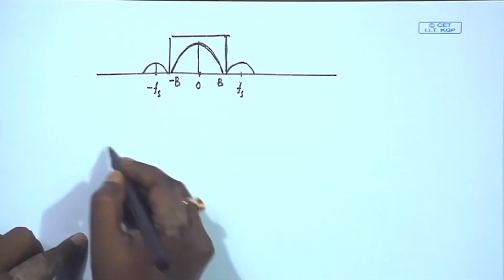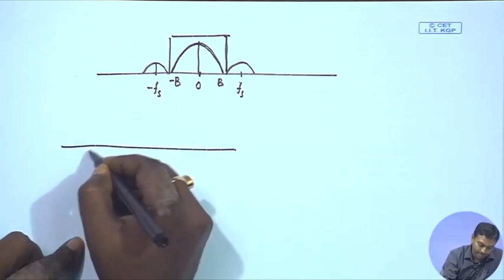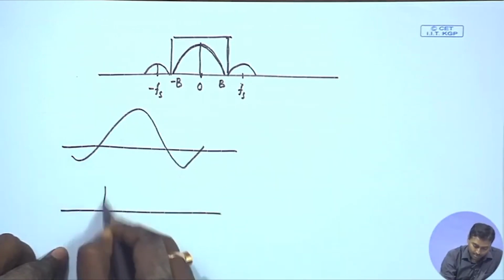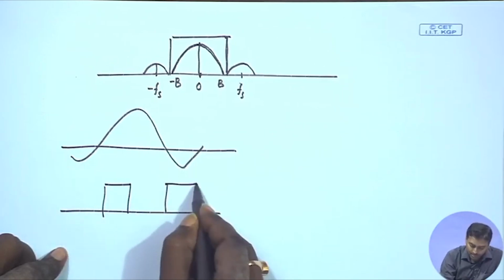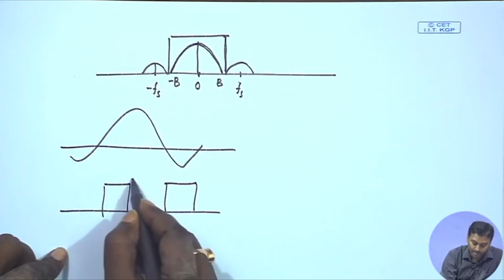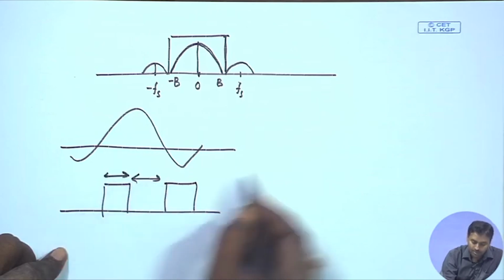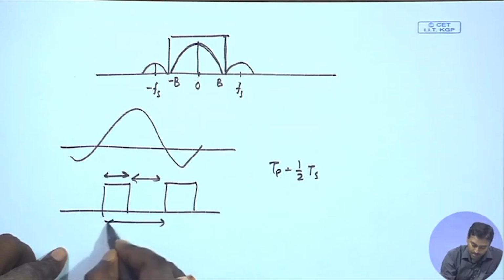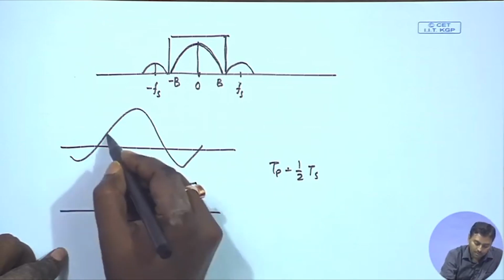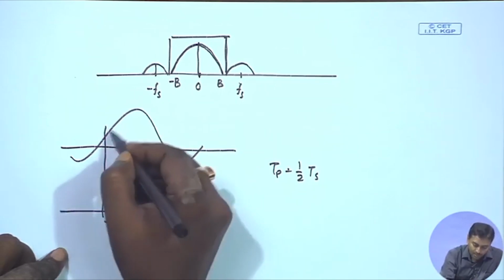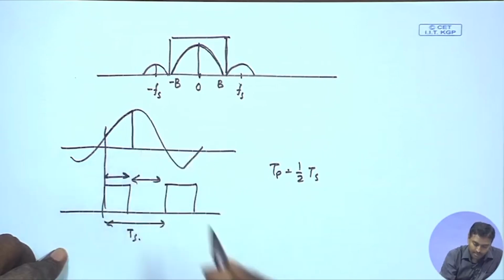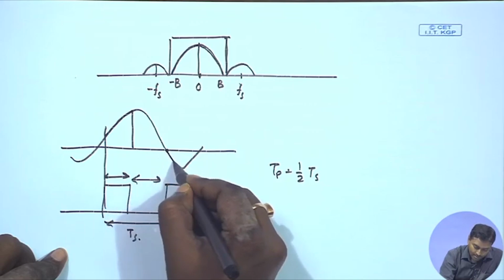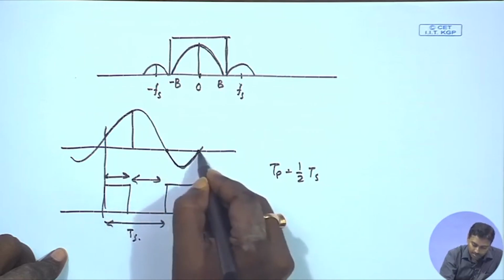But let us try to see what happens if I increase Tp. Suppose I have a signal like this, I want to sample it. So, I sample it with these pulses, let us say 50% duty cycle. So, my Tp is just half of Ts. Okay, so, this is Ts. So, what will happen? It will just follow the signal over this half, and then it will be 0, and then again over this half it will follow this, next will be 0.